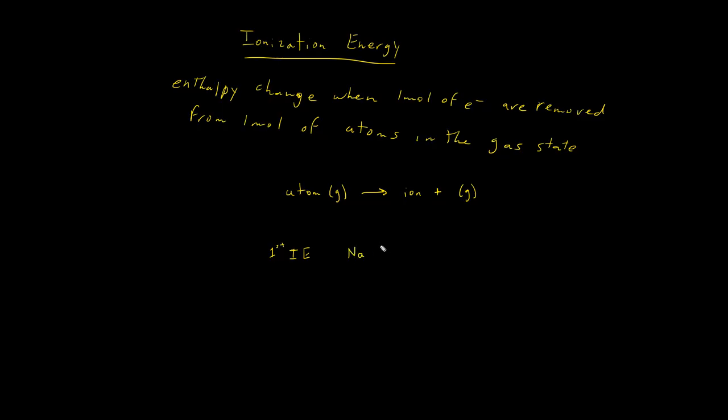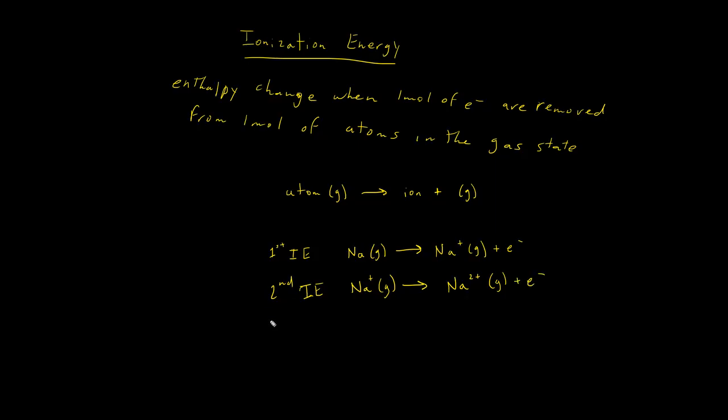Na gas yields Na+ plus an electron. If we're talking about the second ionization energy of sodium, we're talking about going from Na+ gas, because once we're at the second ionization energy, 1 electron has already been removed, to Na2+ in the gas state plus an electron.